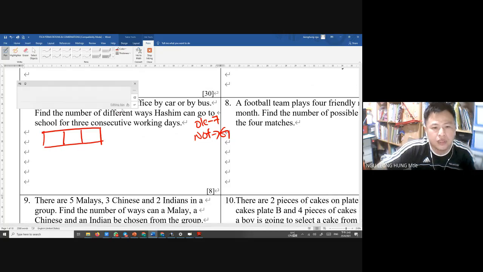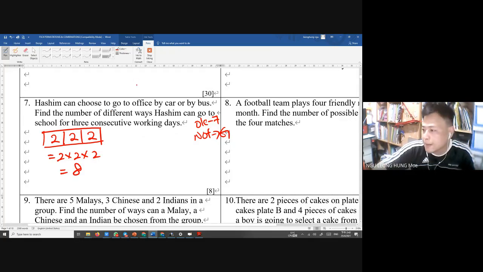Now he has 3 days. First one you have 2 ways. Second one you have 2 ways. The third one you also have 2 ways. So 2 times 2 times 2 equals 8. Okay.